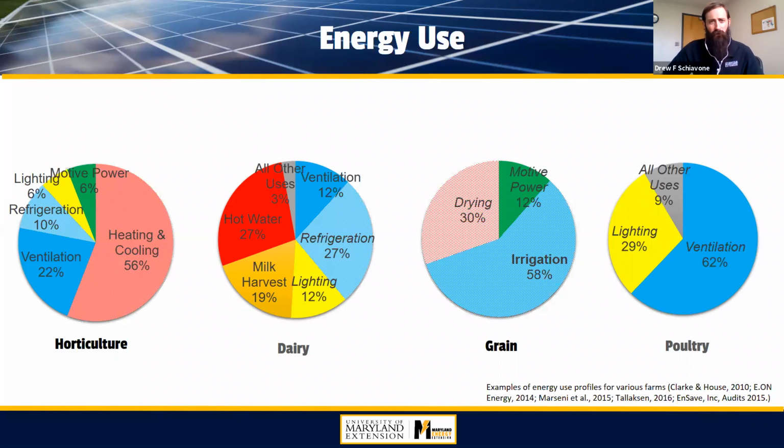And I've just shared a few typical results, which your farm might look a little bit different, from region to region within the state and throughout the greater region that we're in here. But just for a typical case, what you'll see is for a lot of applications, your heating and cooling and ventilation, all your HVAC equipment, typically uses the most energy.